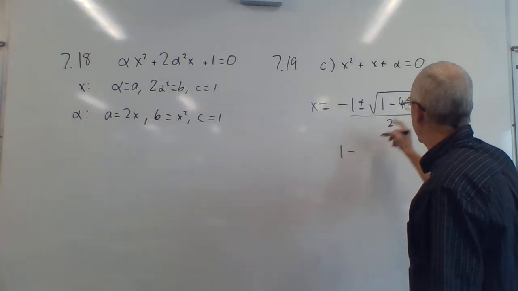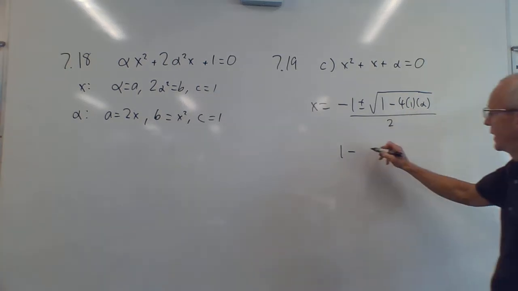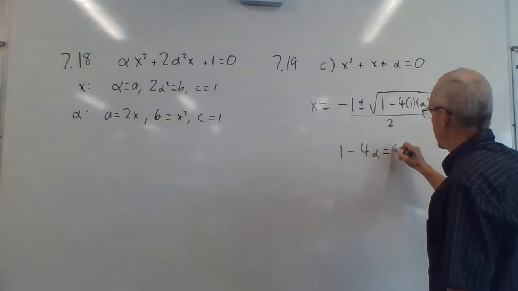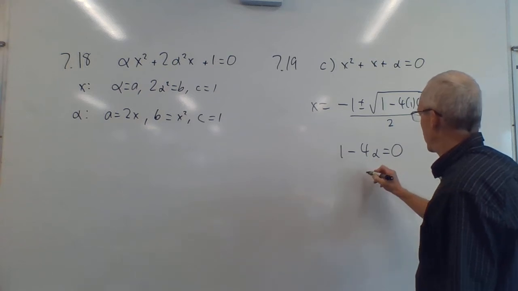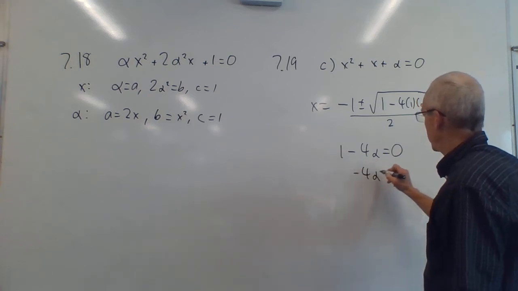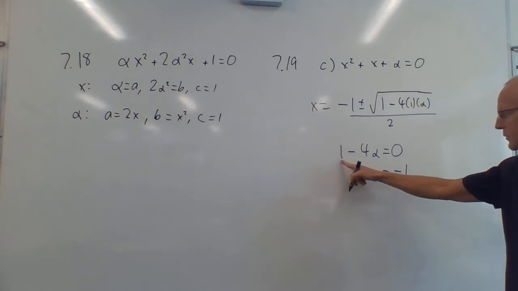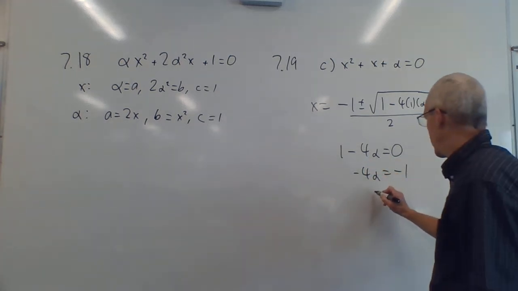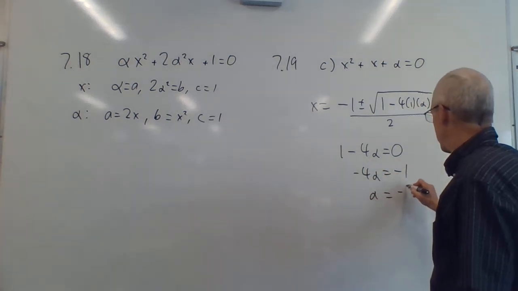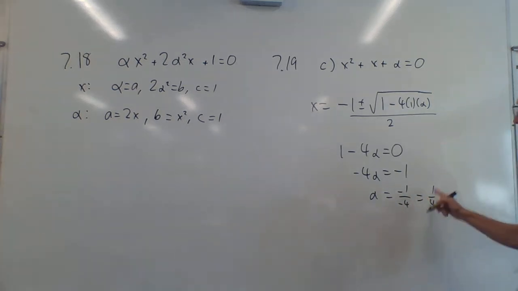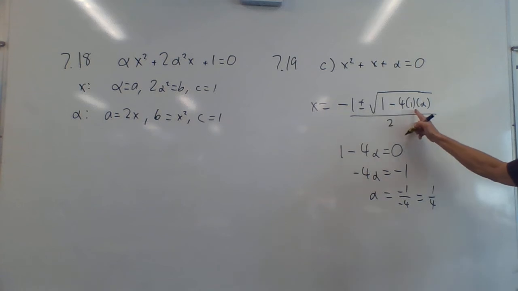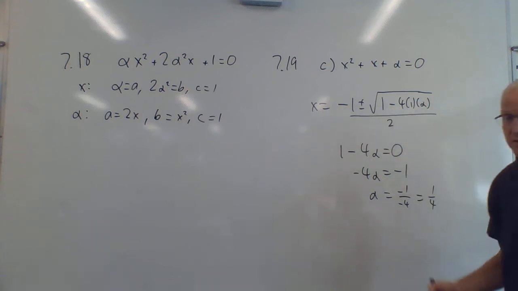So we have 1 minus 4 alpha equals 0. Negative 4 alpha is equal to negative 1, so alpha is equal to negative 1 over negative 4, which is 1/4. So if alpha is 1/4, the inside of the square root is 0, and we have one solution.